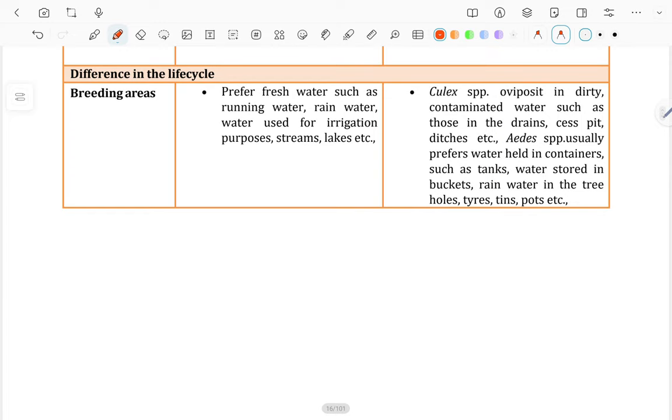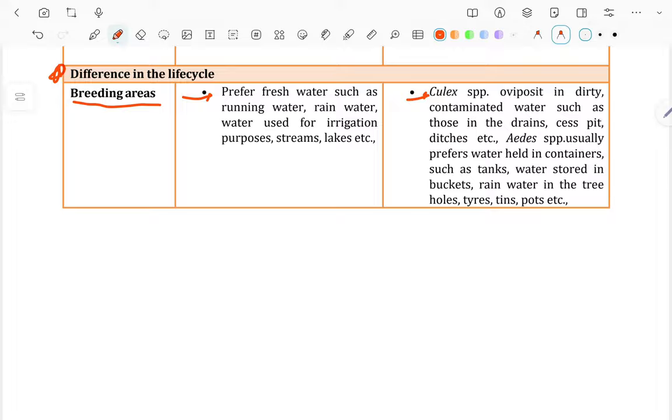Difference in life cycle. Difference in breeding area. Prefer fresh water such as running water, rainwater, water used for irrigation purpose, stream etc. जबकि इसमें Culex species oviposit in dirty contaminated water such as those in the drain, cesspit, ditches, etc.